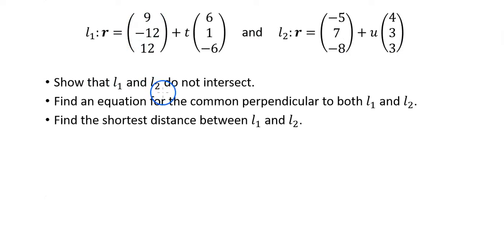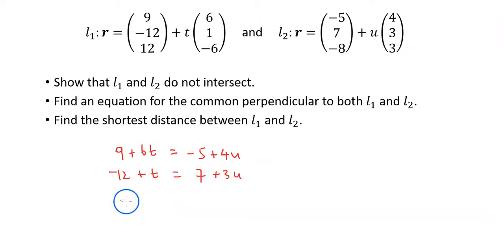If they did intersect, we would have 9 plus 6t is equal to negative 5 plus 4u. We would have negative 12 plus t is equal to 7 plus 3u.